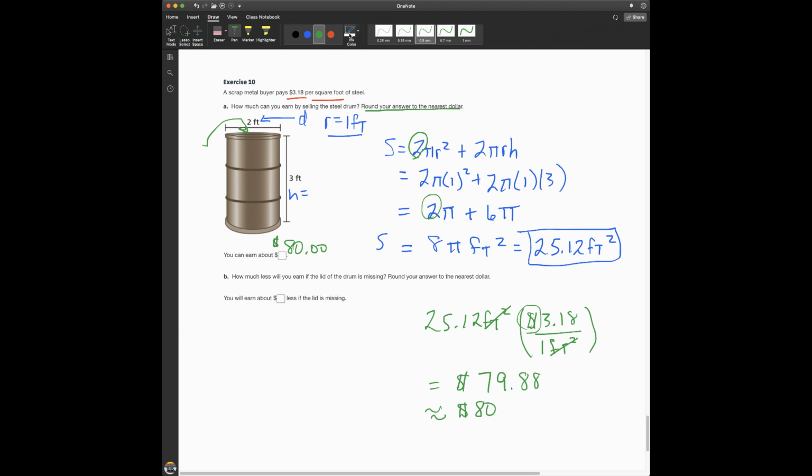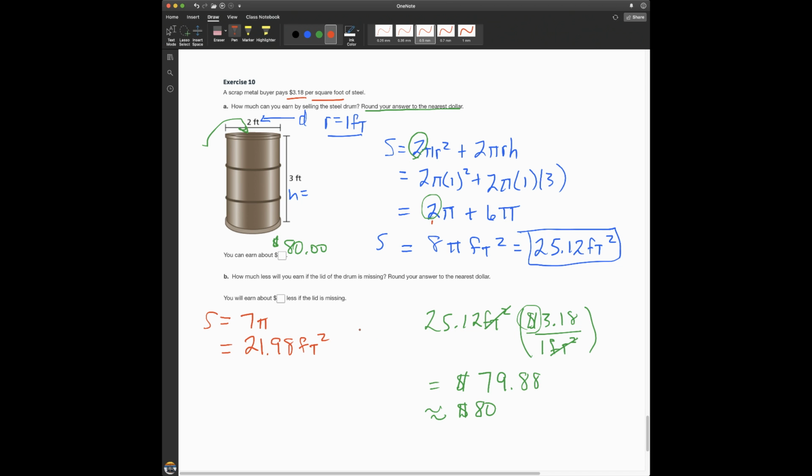So my surface area really is going to be 7 times pi, because that 2 becomes 1, and that becomes pi plus 6 pi. So my surface area without the lid is 7 times 3.14. Now, instead of 25.12 feet, it would be 21.98.